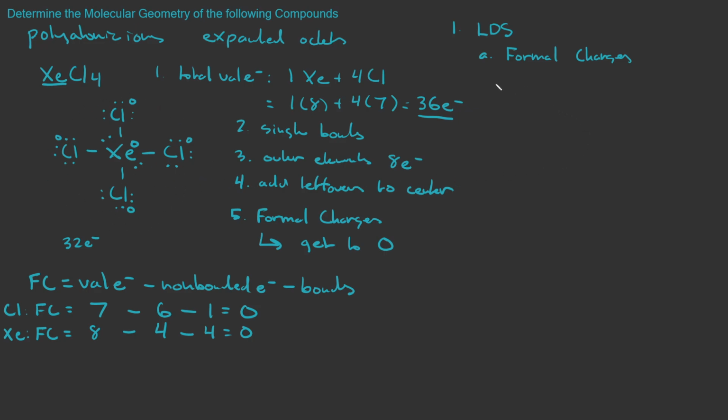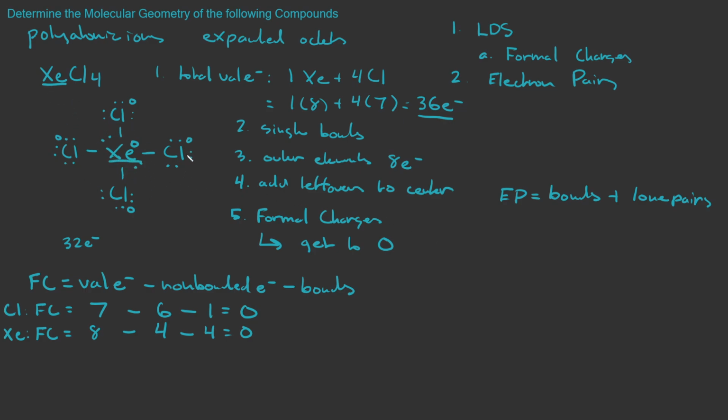And so then what we could do is step 2 for figuring out the molecular geometry, which is finding out how many electron pairs we have. And remember the way we find how many electron pairs we have: electron pairs is equal to your number of bonds plus your number of lone pairs. And remember, we're only looking at our central atom. And so we're only looking at Xe in this case.